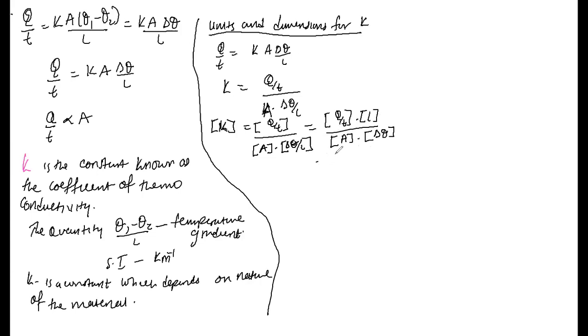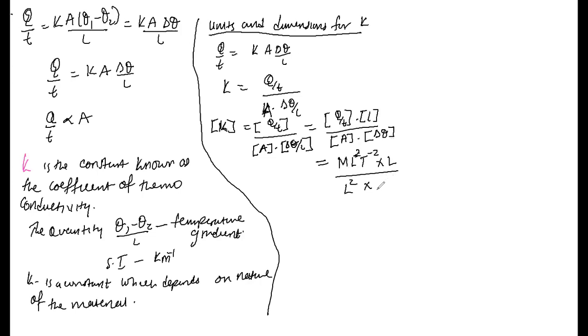This will give me energy is M L squared T power negative 2, times L for length over L squared for area times T for temperature.